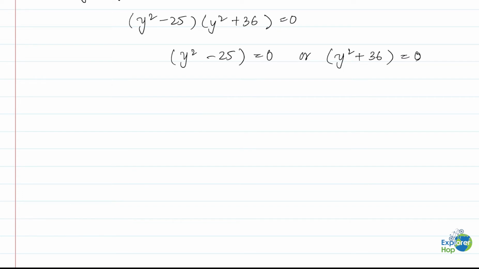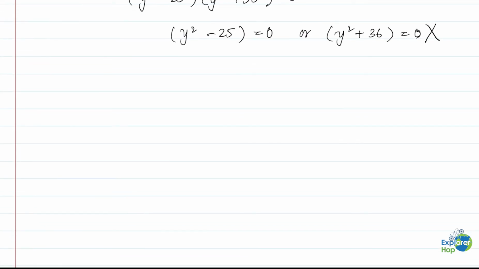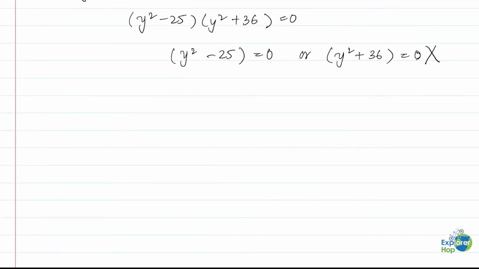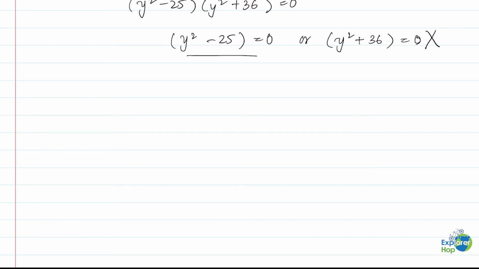But if we say that y squared plus 36 equals 0, then we are saying that y squared equals minus 36, which would be a contradiction. So this is not a solution, it doesn't satisfy y. So we'll be taking the other answer and using y squared equals 25. Solving it normally, we would get that y equals plus or minus 5.